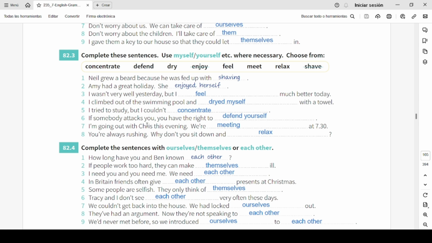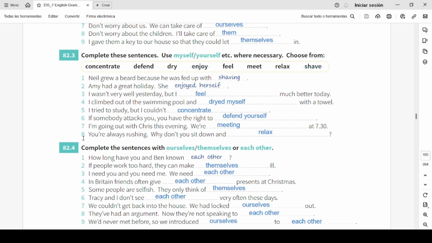If somebody attacks you, you have the right to defend yourself. I'm going out with Chris this evening. We're meeting at 7:30. Meeting, another verb, right?